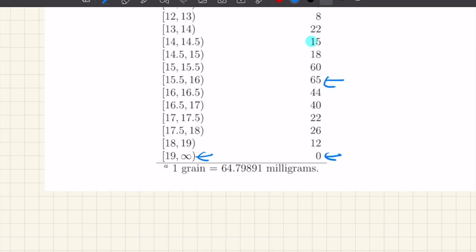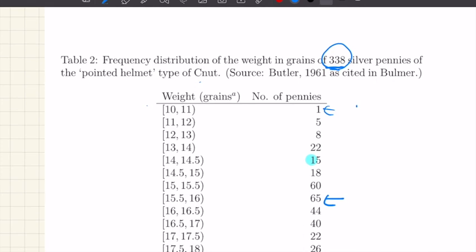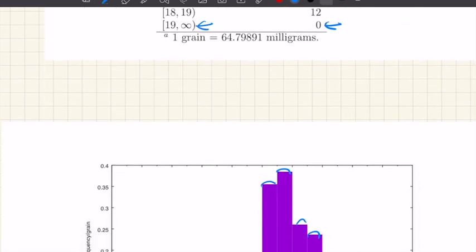So 65 divided by 338, what do you get? Let's see. 65 divided by 338 is 0.192.